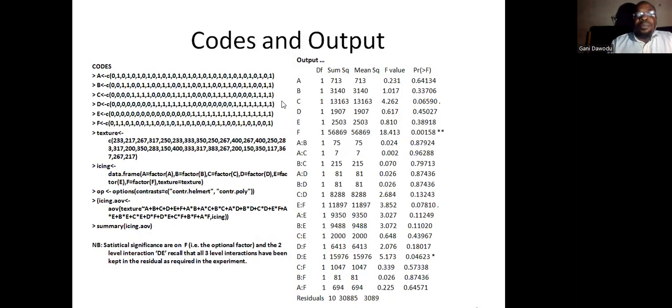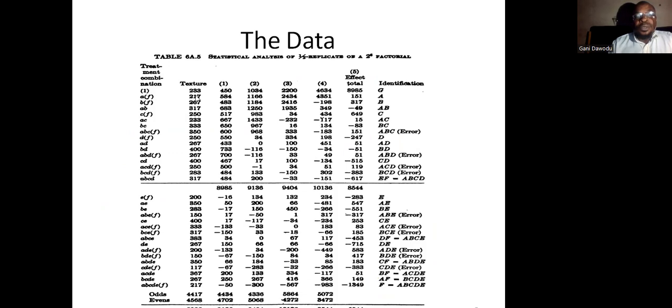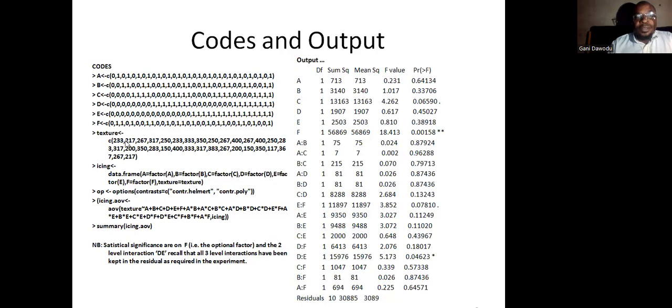Now, armed with the data, you feed R from here down the line to here. And this is the texture. If you go back, 233, 217, 267. Down the line like that. The data frame is given the syntax.